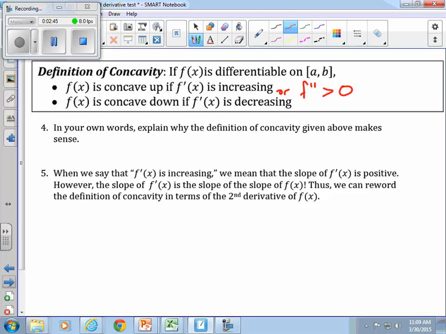The original function would be concave up if either of those conditions is met: if f prime is increasing, or the second derivative is greater than 0. The original function would be concave down if the first derivative is decreasing, or the second derivative is less than 0. I stole this activity from something else that's about to lead you to that conclusion, but we'll talk about it.